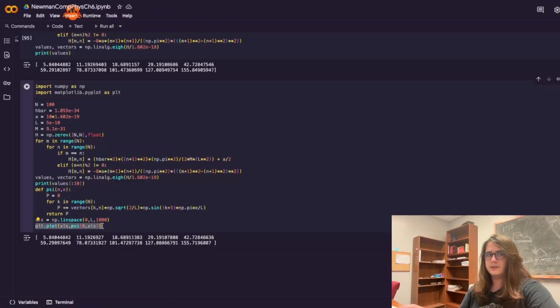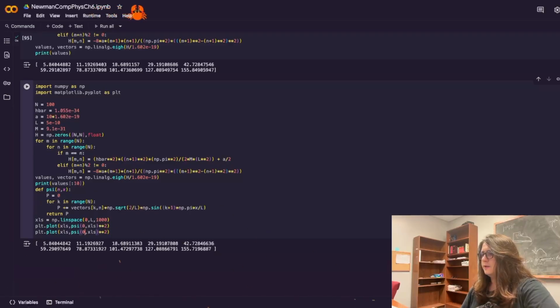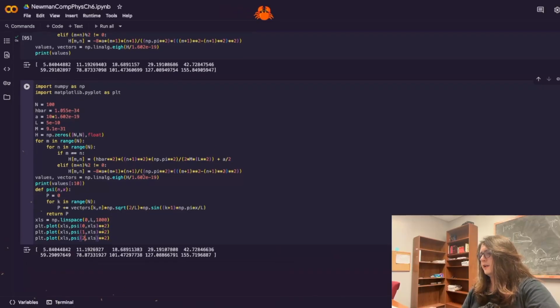And I just realized it wants the probability density, not the actual wave function, plotted on there. So just square the function call. That'll return the probability density. So let me grab that, and also do the first excited state and also the second excited state.